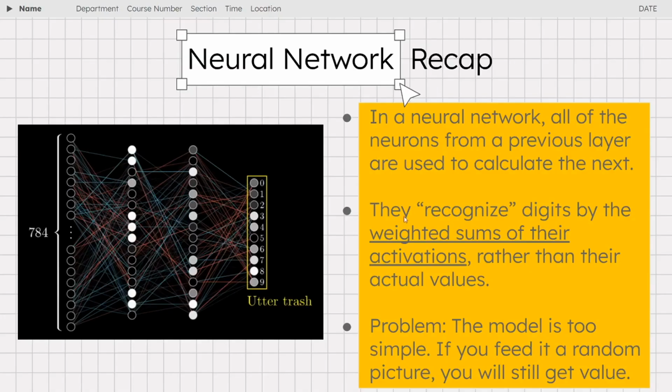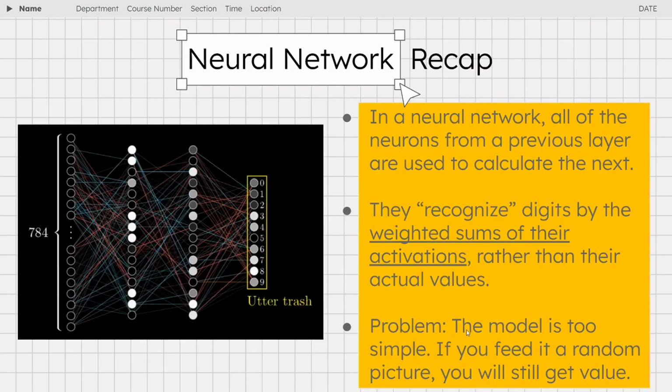The way they recognize the digits from the image is by the weighted sum of the activations, or the weighted sum of the values of the pixels, rather than the actual values. What I mean by this is that they don't look at a tree and say it's a tree. They look at the pixels and add them up, and that's how they tell what it is.